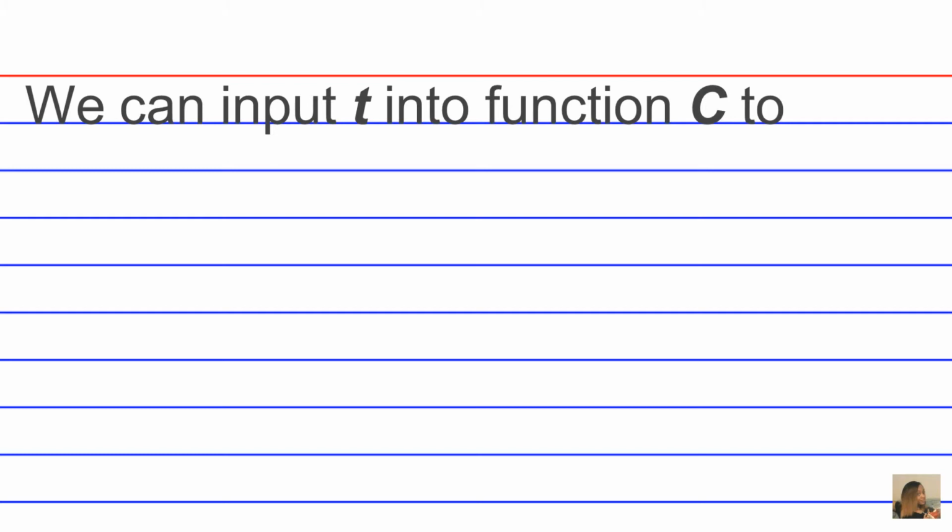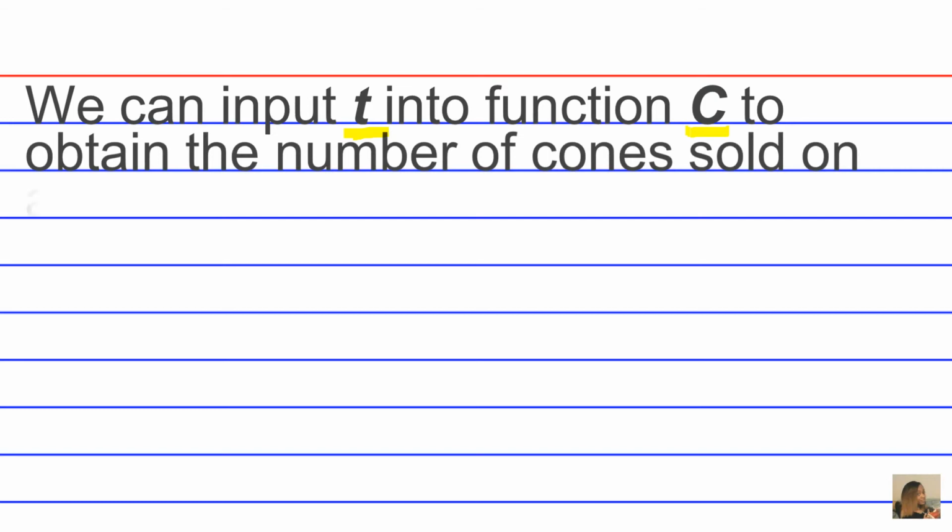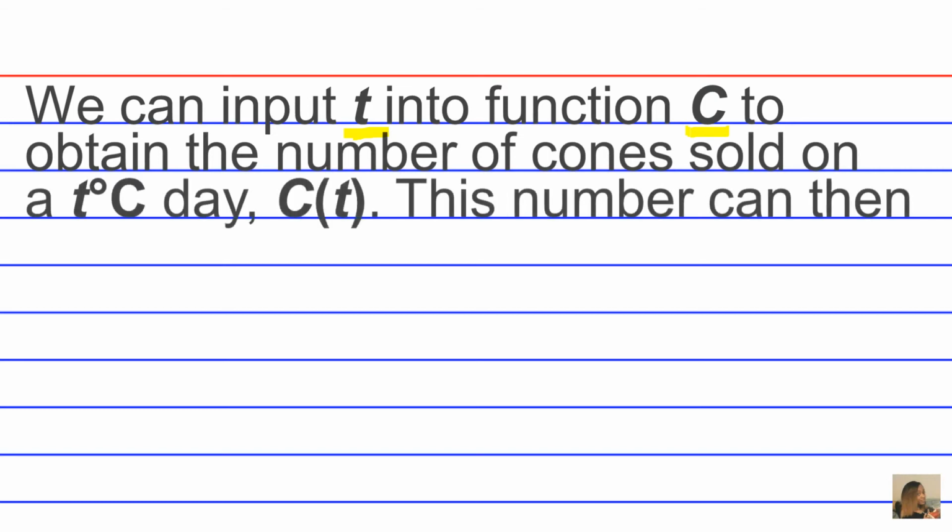For more clarification on what all the words that just flashed before your eyes mean, we can put T into function C to obtain the number of cones sold on a T degrees Celsius day.